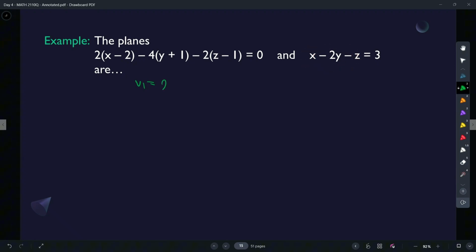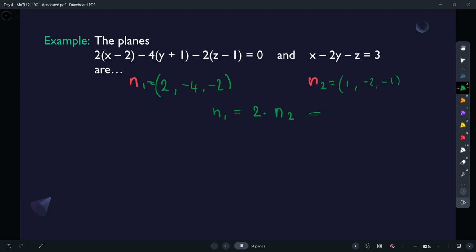So this one is 2, minus 4, minus 2, and the normal vector for this one is 1, minus 2, minus 1, which are multiples of each other. So n1 is twice n2.